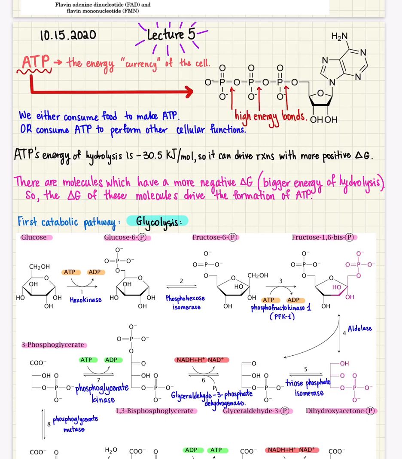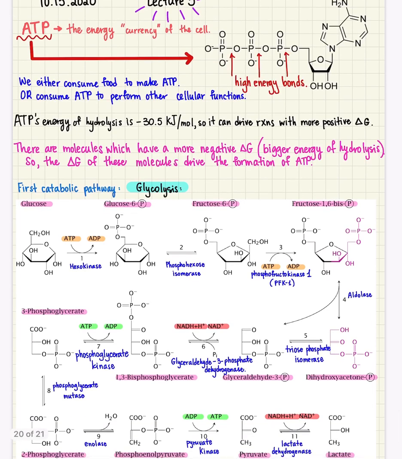But if we want to form this bond, then we will need a lot of energy to form this bond. Now that you understand that, we can say that we either consume food, like glucose, to make ATP, or we consume ATP already existent in the cells to perform other cellular functions. So basically, ATP is where we get our energy, and also ATP is where we store our energy, specifically in these bonds.